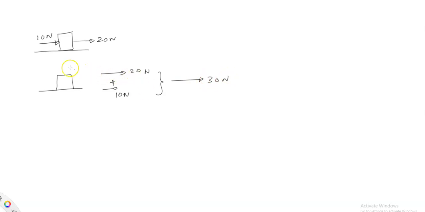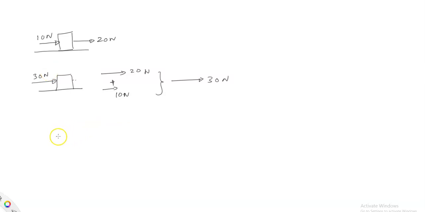So the resulting force will be, I can either draw it here or I can draw it from here, it doesn't matter as long as they are in the same direction. So 30 newtons to the right.